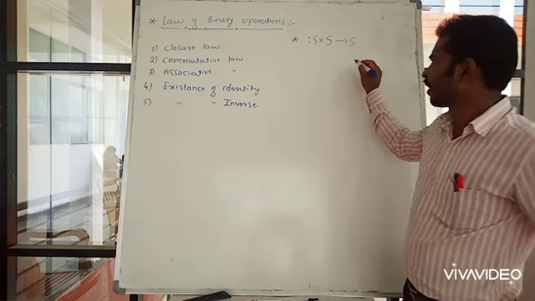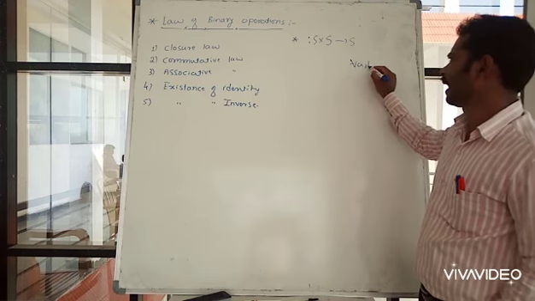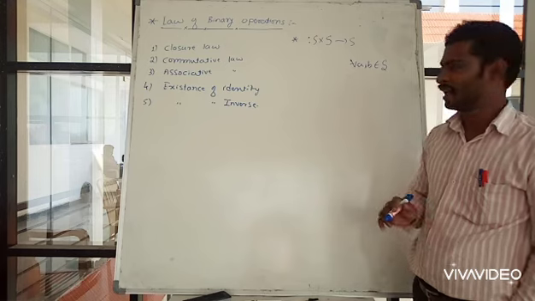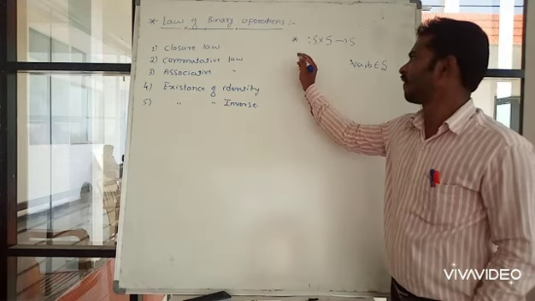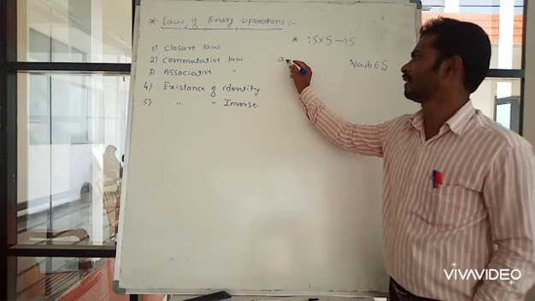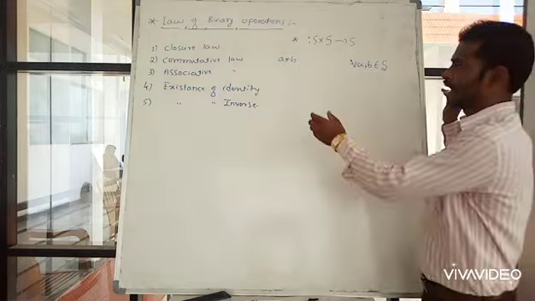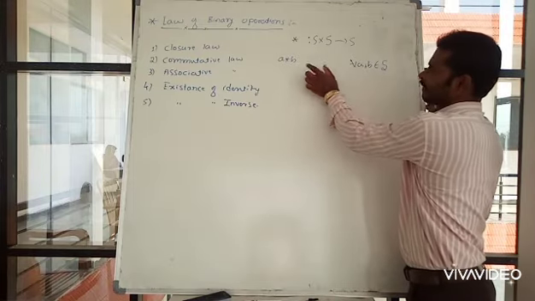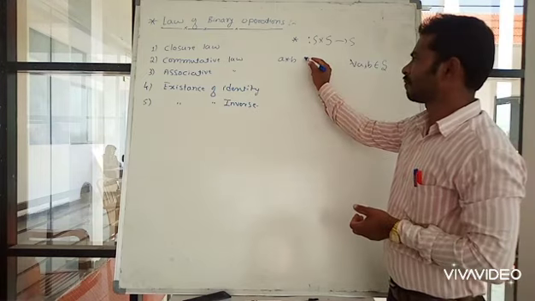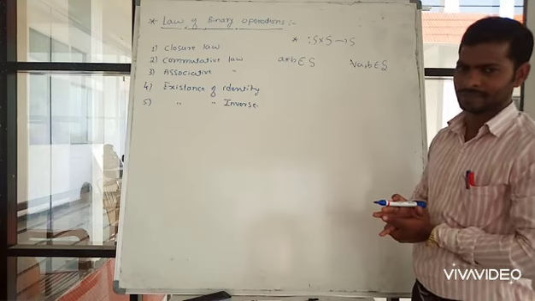if for any two elements arbitrarily, a comma b in the set S, the result of these two elements under this binary operation, that is a star b, must be an element of the given set S only.